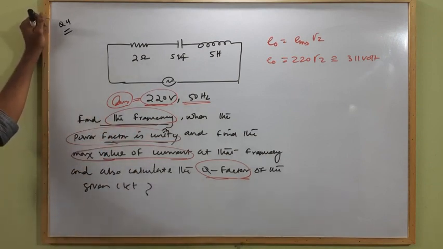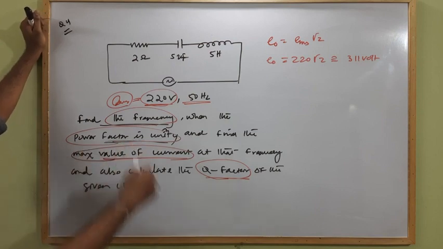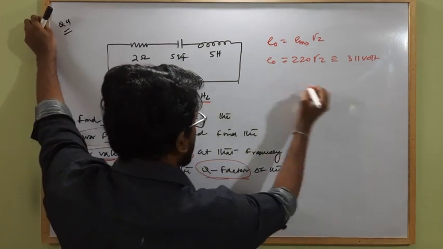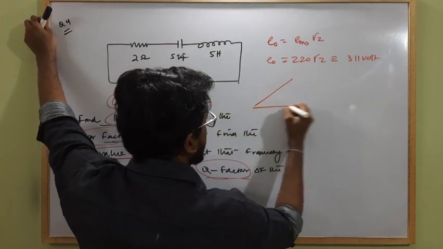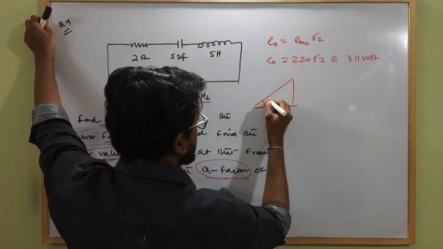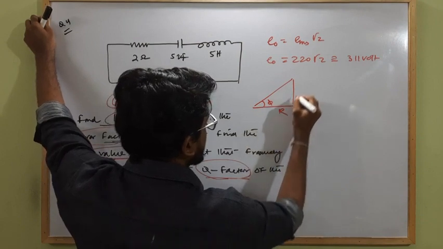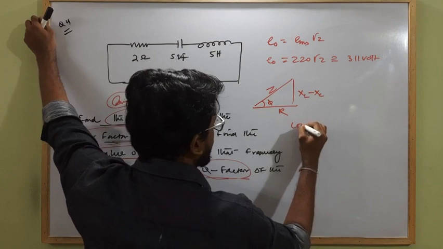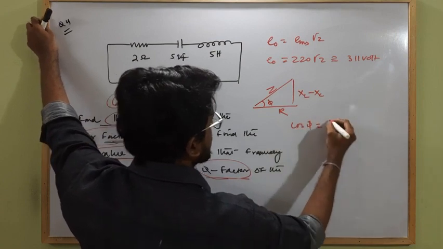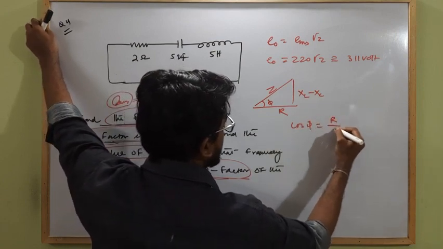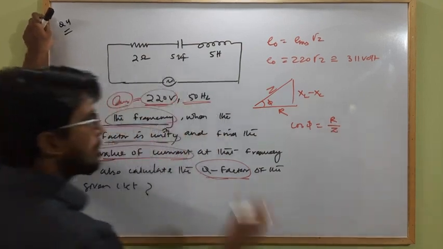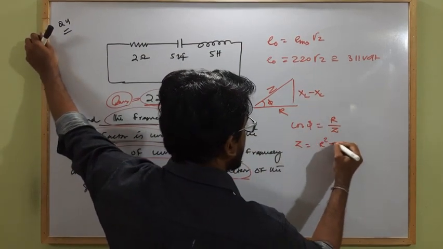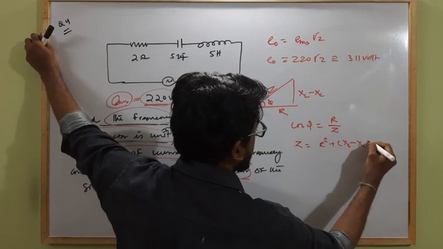Now we have to find the frequency when the power factor is unity. In an LCR circuit, if this is the impedance triangle, this is phi, this is R, this is XL minus XC, and this is Z. So power factor cos phi is equal to base by hypotenuse, that is R by Z. And Z is the square root of R square plus (XL minus XC) whole square.